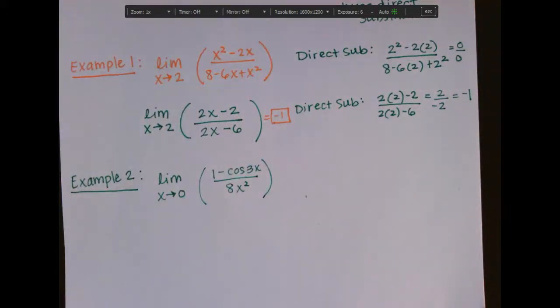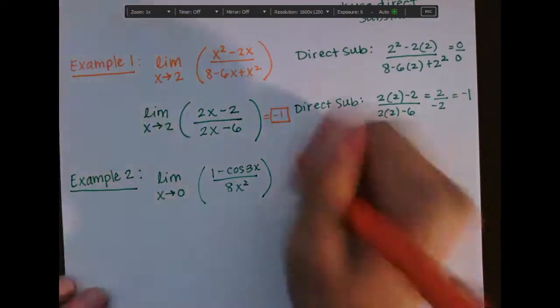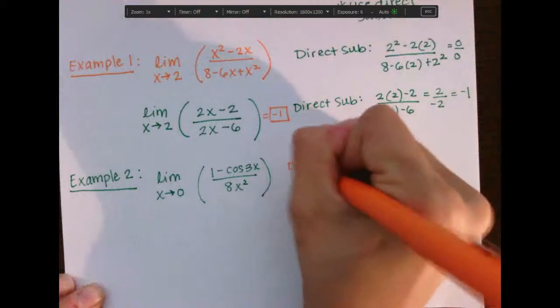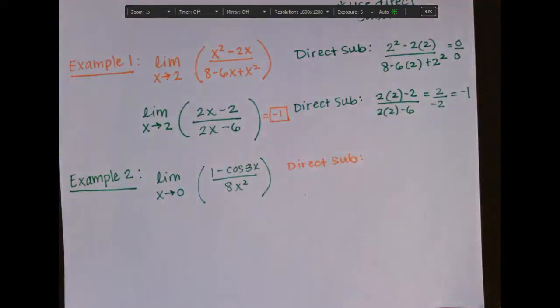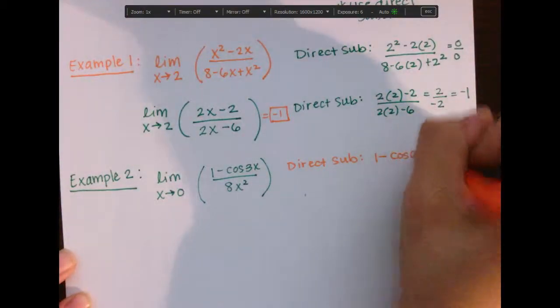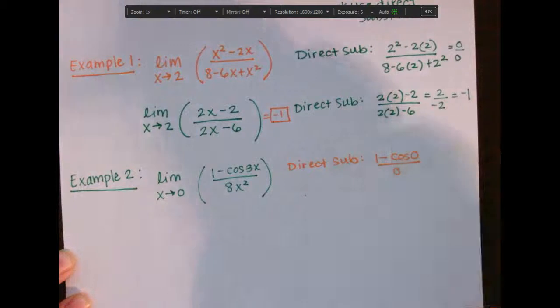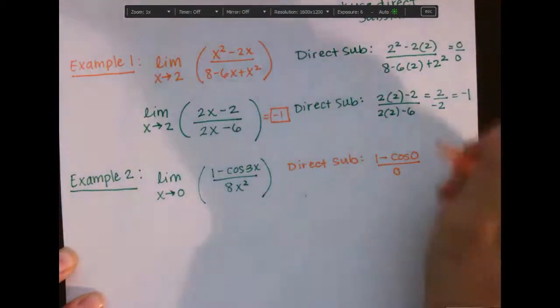Again, we're evaluating a limit of a rational function that has a numerator and denominator, and our first step would ordinarily be to try direct substitution and see if that gets us where we want to be. If I plug 0 into this function, I'll have 1 minus the cosine of 0 over 0. Remember that the cosine of 0 is 1.